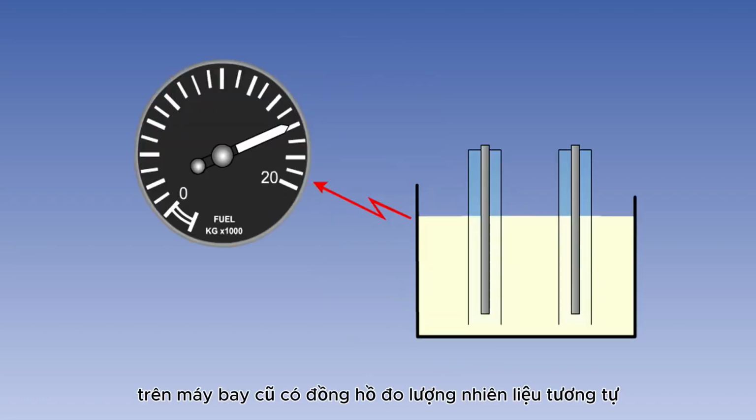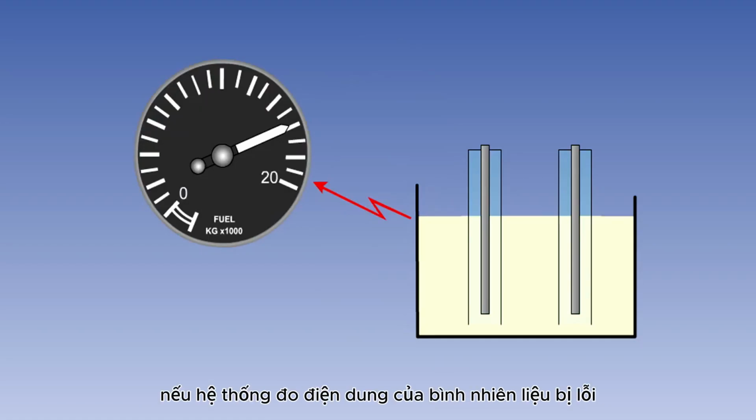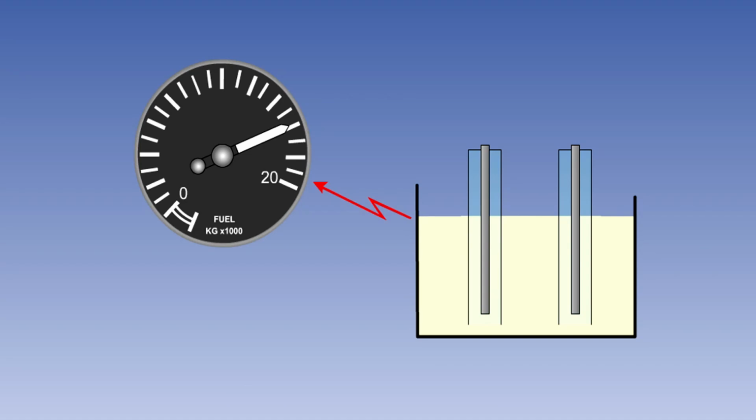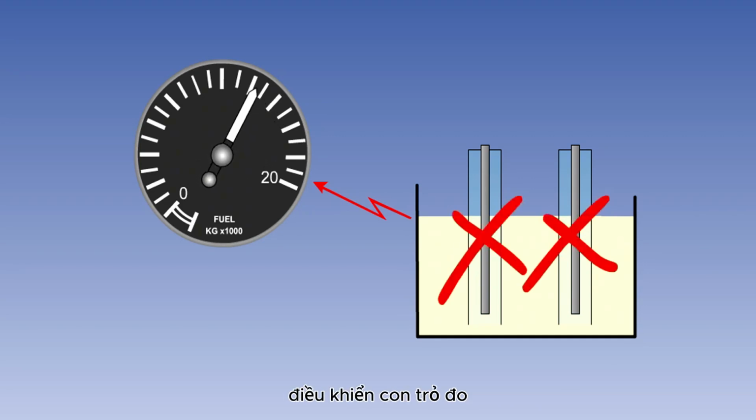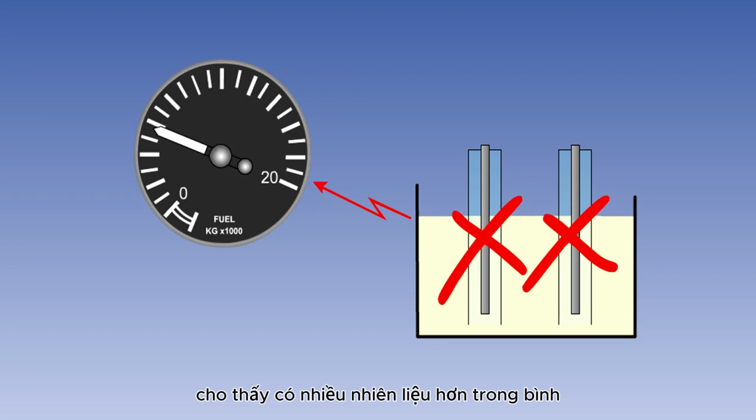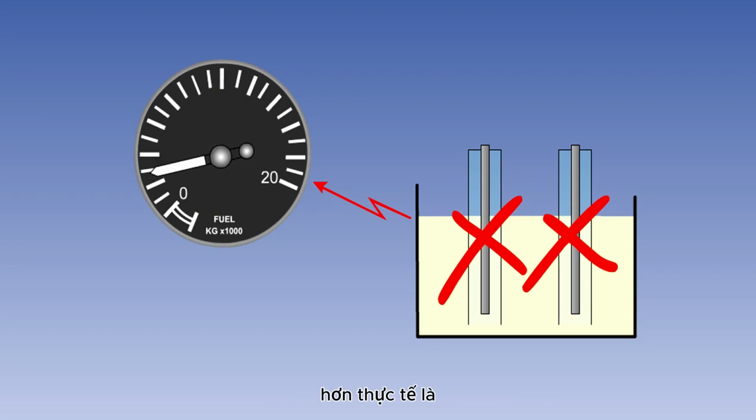On older aircraft, with analog fuel quantity gauges, if the fuel tank's capacitive gauging system fails, it does so in a manner to draw the attention of the user. A fail-safe circuit is incorporated which drives the gauge pointer slowly towards the empty position in order to prevent the indicator showing that there is more fuel in the tank than there actually is.